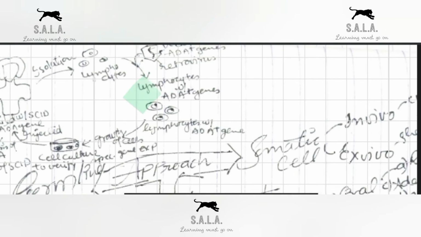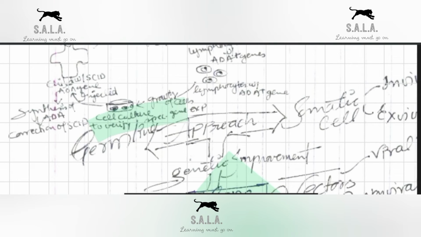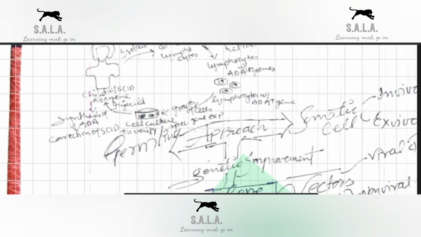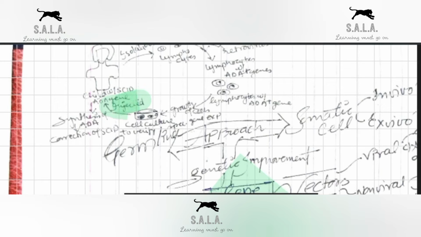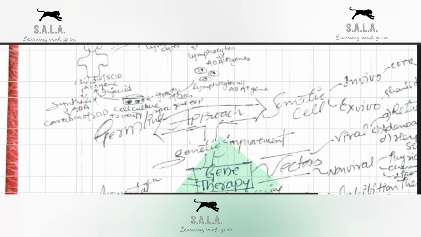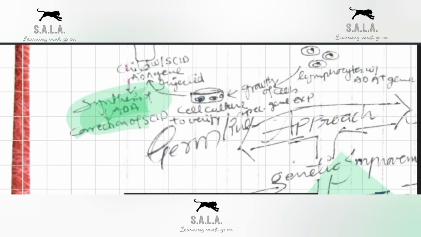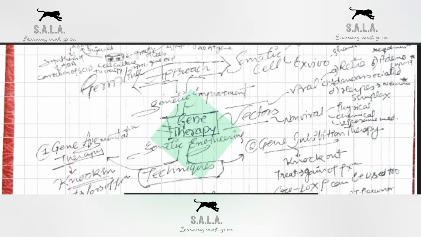Then the lymphocytes with the corrected adenosine deaminase gene were cultured to verify the expression, and once it was verified, they were injected back into the patient. This led to the synthesis of adenosine deaminase and correction of severe combined immunodeficiency disease.